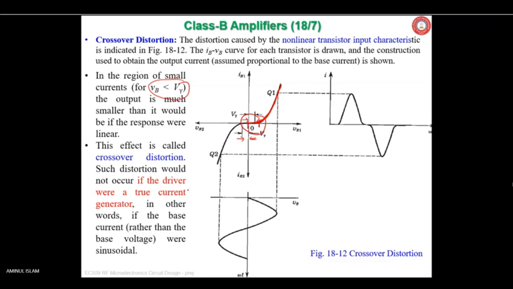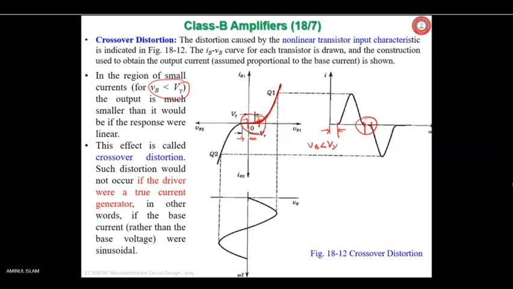This effect is called the crossover distortion. Corresponding to VB less than V gamma, you will not have IB, so you will not have IC, or collector current, also. This is nothing but crossover distortion, and you see that during the crossover there is no collector current. I mean, one transistor is off at this point, but the other one is not on immediately.